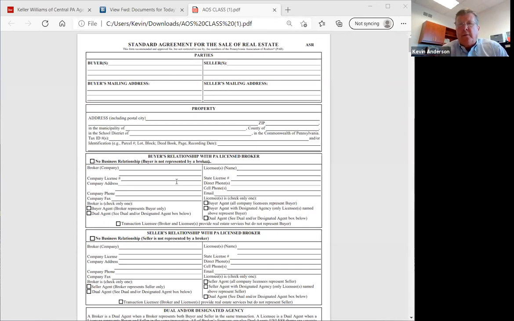Page 1 is always just the who's who in the agreement. No science here. Buyers, make sure you have the buyer's full address. Seller, same thing, make sure you have their full address and their names as they would appear on their deed. Under the address, pretty self-explanatory, of course.